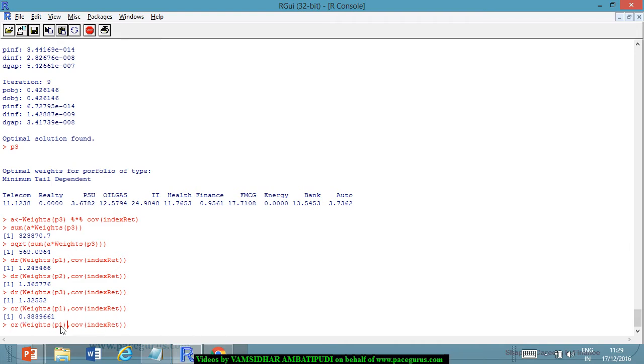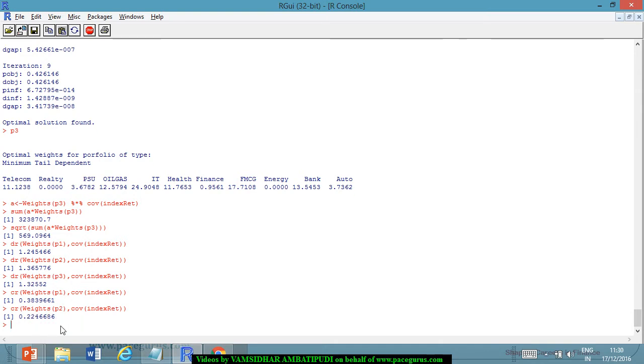So it indicates some level of diversification. Whereas if I look at P2, it has only 0.22, which indicates much more diversification compared to P1, right? Very close to 0 indicates more and more diversification. Very close to 1 indicates more and more concentration on one or a few asset classes.